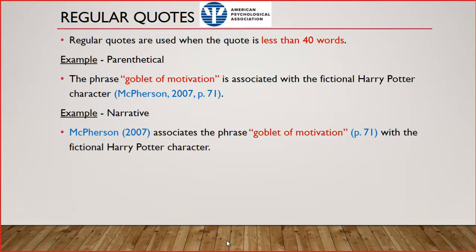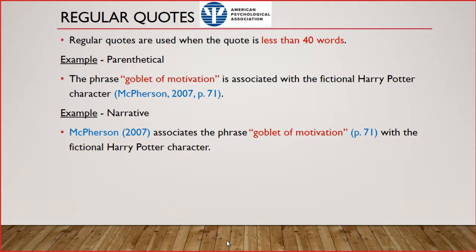So both ways are acceptable. Some will mix things up, some will just stick to one type. It's up to you. It's good to mix things up so that your writing is not boring. You can see there are two different ways of writing: one is parenthetical and one we consider narrative.